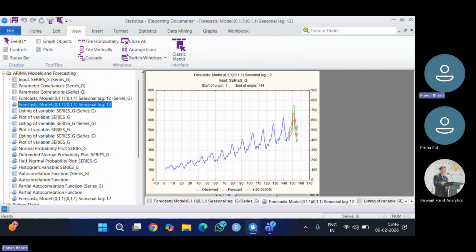We can see the forecasted values are going with the same trend and increasing with the same seasonality. So you can say that it has been forecasted in the proper, robust manner.